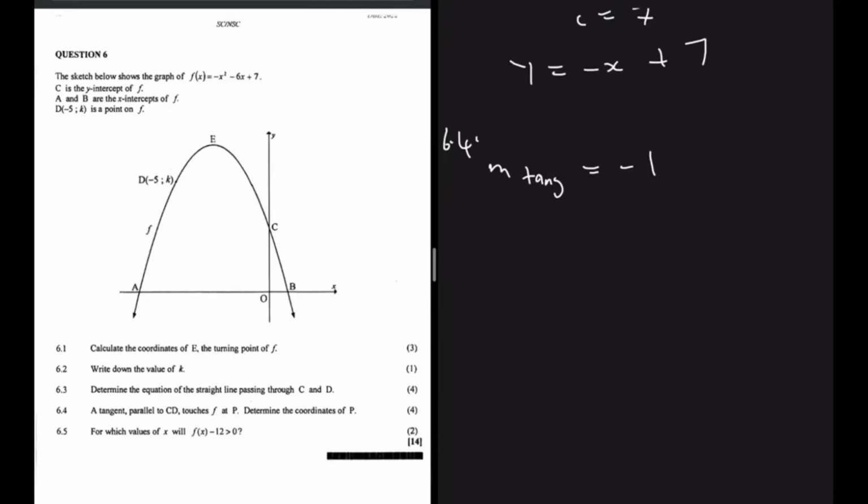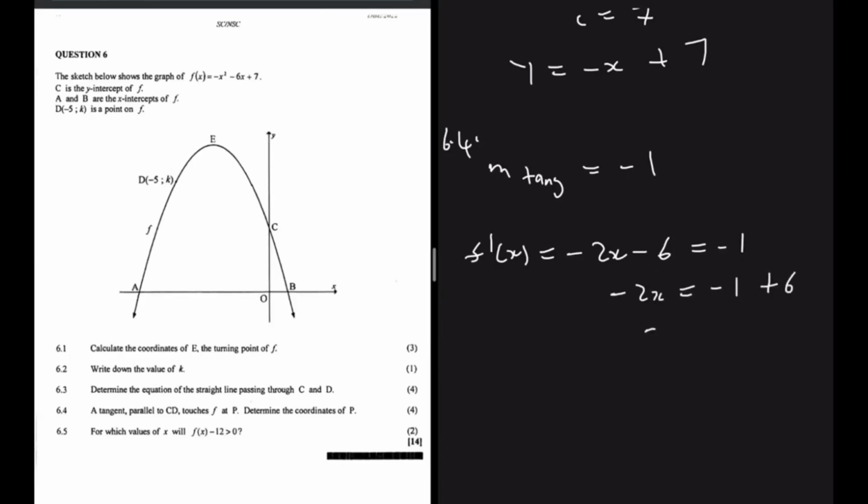You derivate f(x) and then you equate to the gradient, because when you derivate, you find the slope, right? So we're gonna say f prime of x is equal to minus 2x minus 6, and then the 7 is gonna fall off, and this is supposed to be equal to minus 1 because it's the gradient at that point.